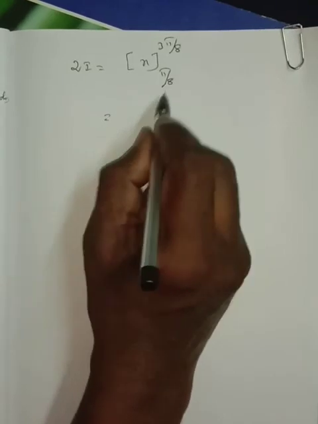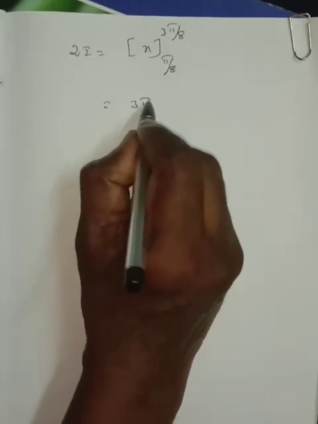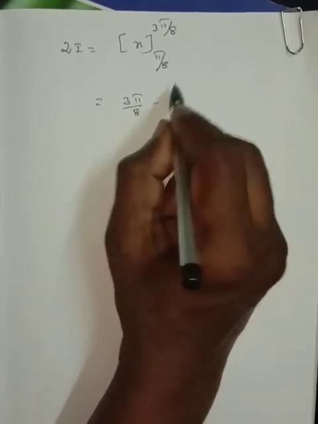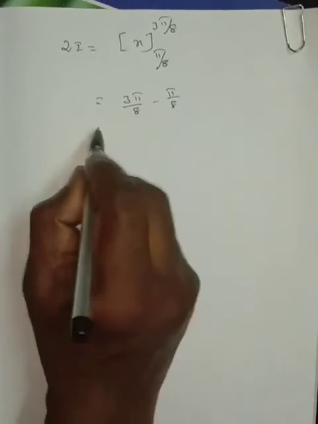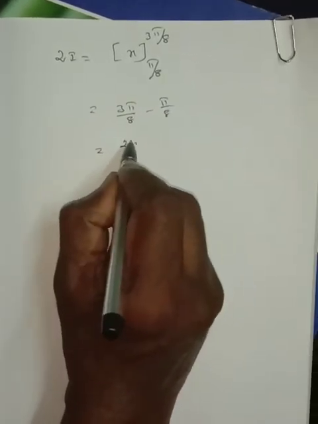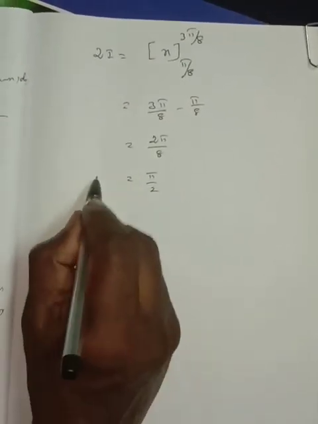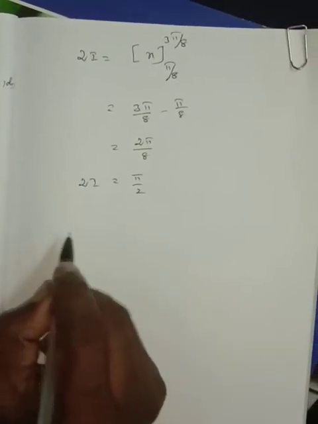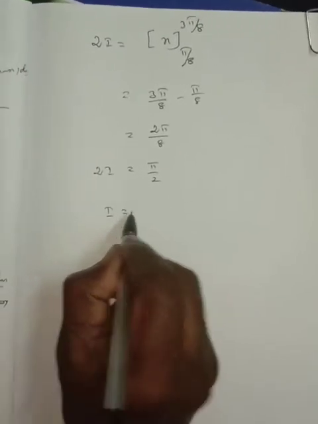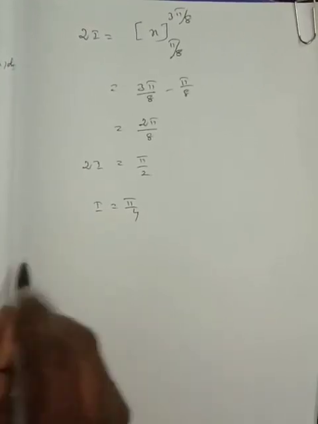Next line, 3 pi by 8 minus lower limit pi by 8 is equal to 2 pi divided by 8 is equal to pi by 2. 2I is equal to pi by 2, I is equal to pi divided by 4.